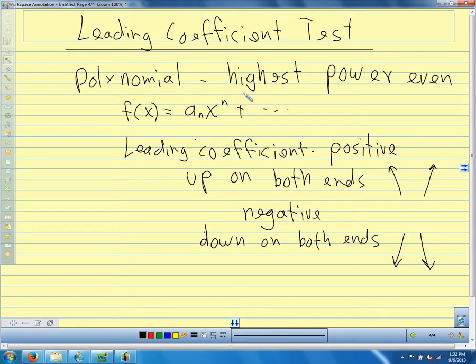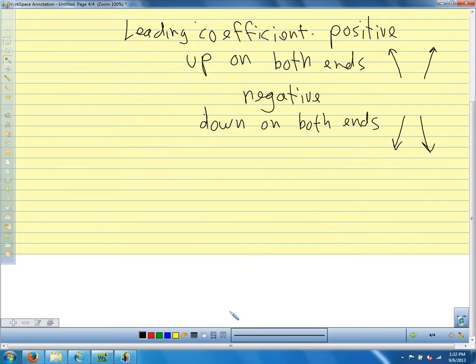So if our highest power is even and our leading coefficient is positive, we say the end behavior, if we apply the leading coefficient test, the function goes up on both ends, leading coefficient positive, down on both ends, leading coefficient negative. So this is our leading coefficient test. It tells us what happens to our function eventually. All polynomials either get very large or very large negative. We just want to know how it happens.